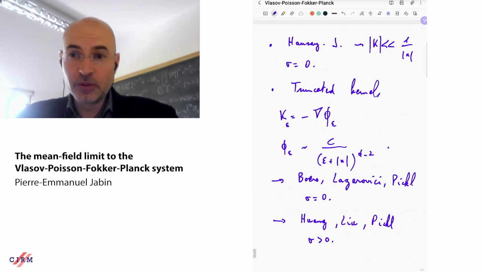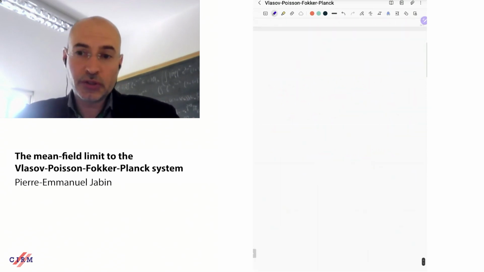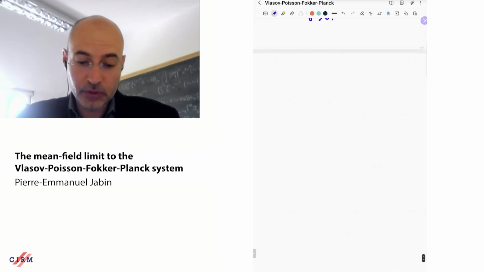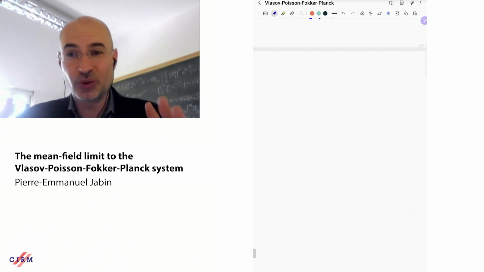And luckily for you, we are in the second case. Now, I should say that what I'm about to say requires diffusion. I'm going to take the positions on the torus. The velocity will be in the free space. And before going to the second order system, I will illustrate the basic idea of the method on a first order system on the torus, so the confined case.